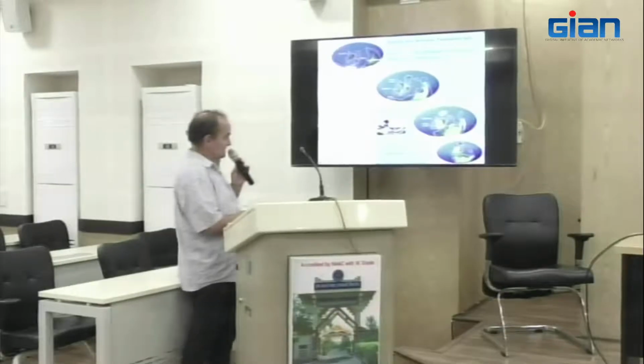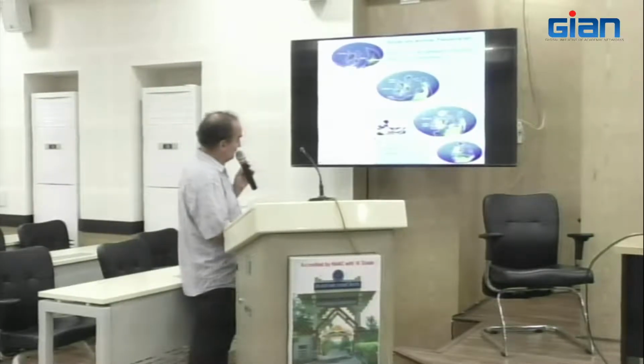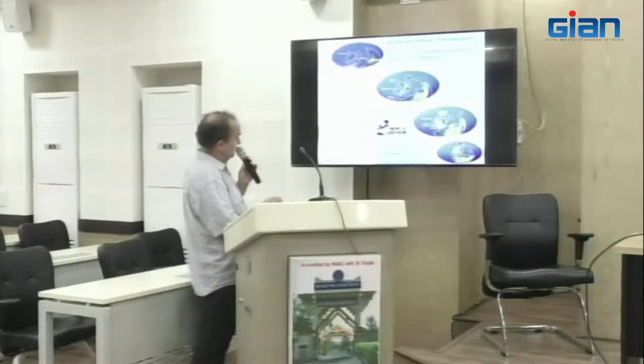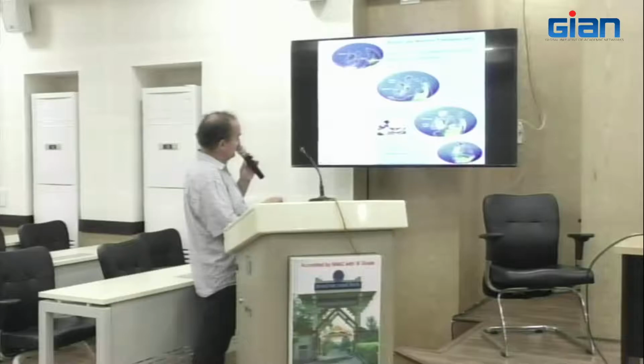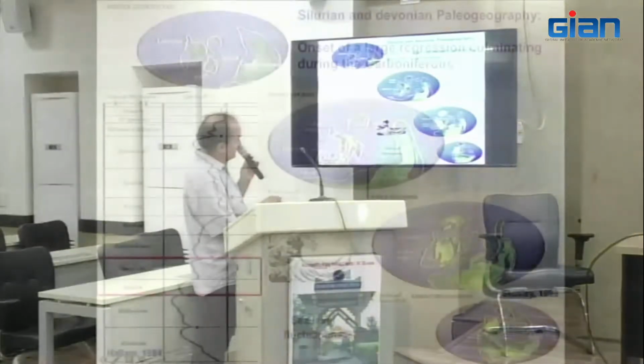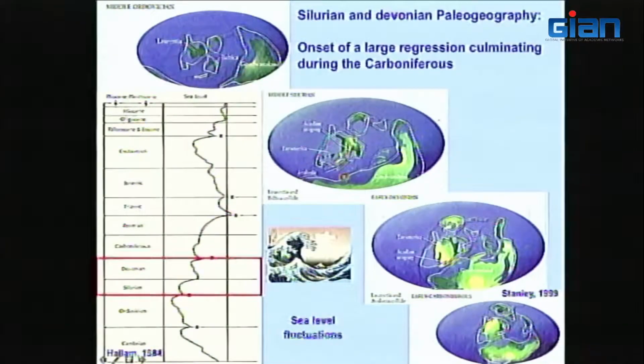And this is mainly due to the fact that, well, you have here the situation in the middle Ordovician. This is Gondwana. This is Laurentia, corresponding partly to Canada and the USA. This is more or less a continent for North Europe. And you can see here that there is some collision leading to some mountain chains, the Acadian one.